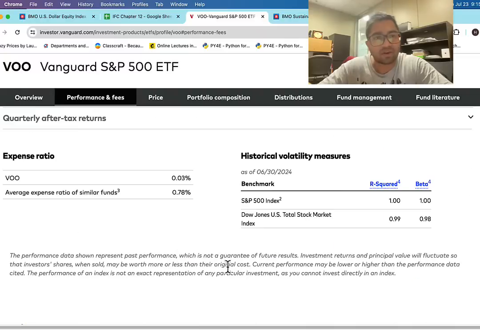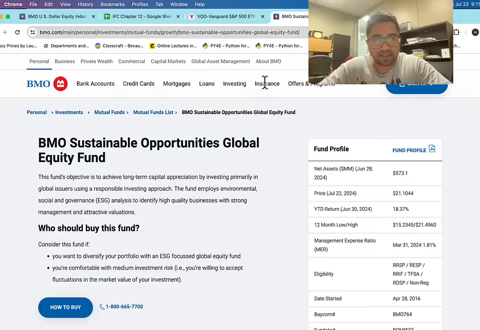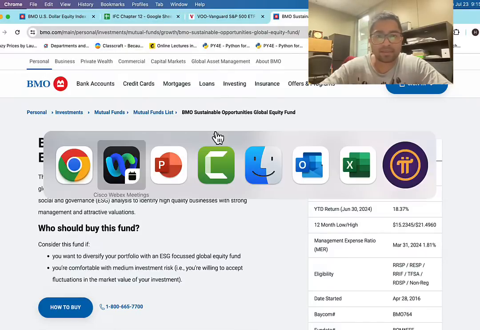This has a cost structure of 0.03, right? This sustainable equity fund has a cost structure of 1.18%, so very high. Okay, it's just my take on it.